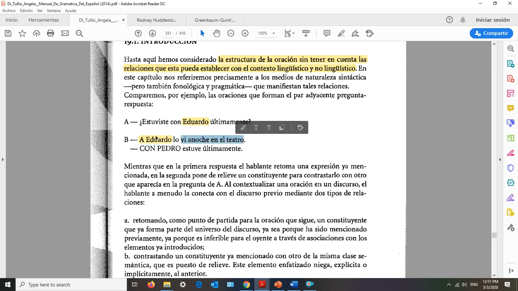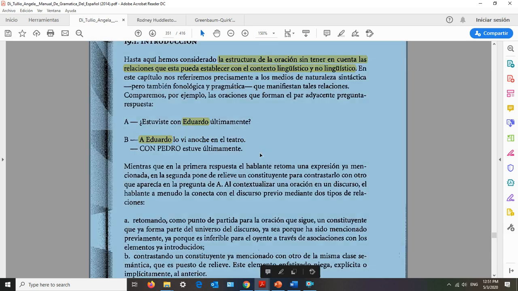So beginning with the old information connected to the preceding co-text and then providing new information.